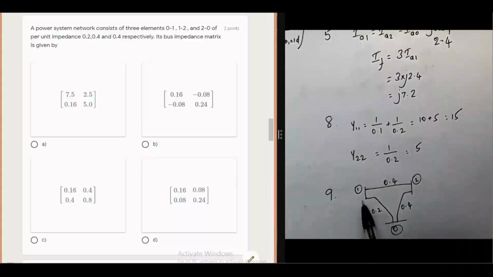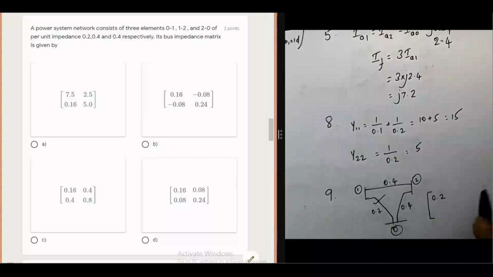First, add a branch of impedance 0.2 from the reference bus to a new bus. Then I add the second branch, a branch of impedance 0.4 from the existing bus to a new bus.